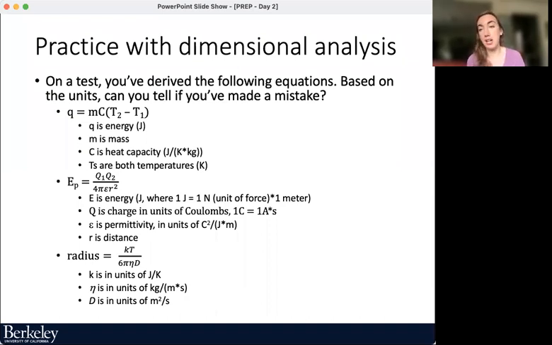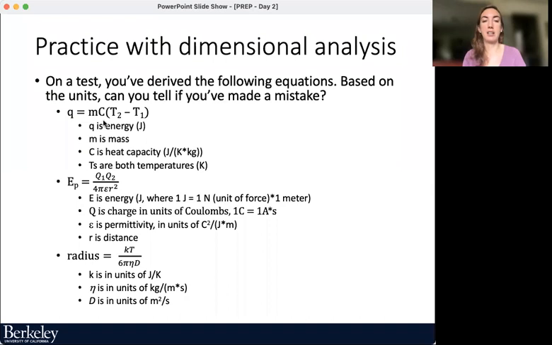All the time in my work, I come up with an equation that describes whatever quantity I'm interested in measuring, and I want to check whether that equation makes sense. If my equation is right, then the answer better be in the units that I'm looking for it to be in. What's great about this is you don't need to actually know anything about what the equation means or where it comes from. It's just a really quick check of whether it even is physically possible.